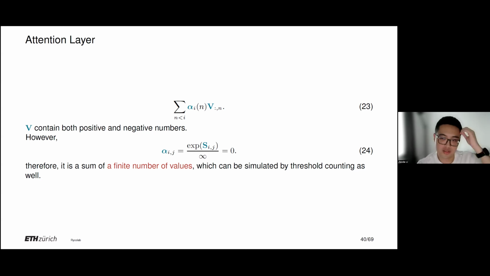This is also something pointed out by Will's paper on low precision transformers: fixed precision transformers can only attend to a finite number of positions. So this sum is a sum of a finite number of values, which can be simulated by threshold counting as well. And the threshold would just be the maximum number of non-zero positions. Yeah, so that's the last piece in the transformers that we need to simulate.